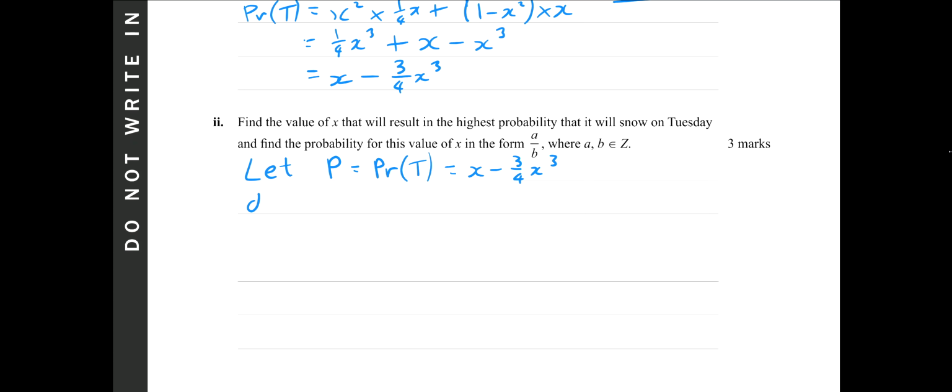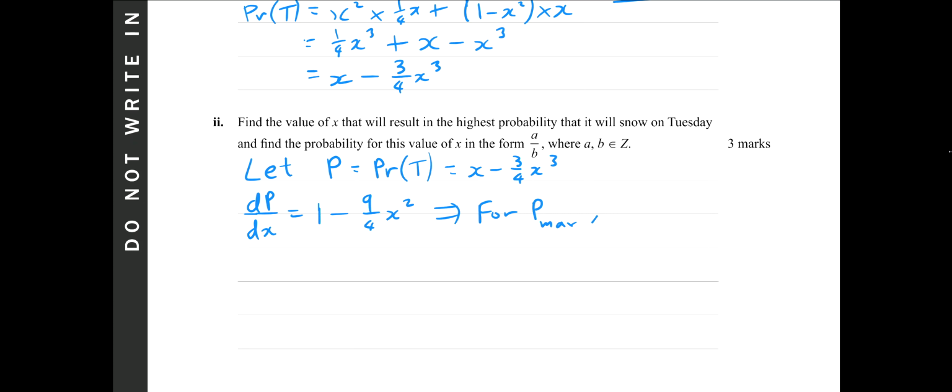So we're going to use calculus and work out the derivative. So dp dx is going to be 1, so x differentiates to 1, and 3/4 x cubed differentiates to 9/4 x squared. Excellent. Now, because our job is to find p max, we want the maximum value of p.